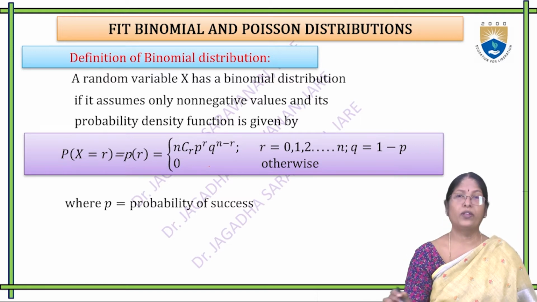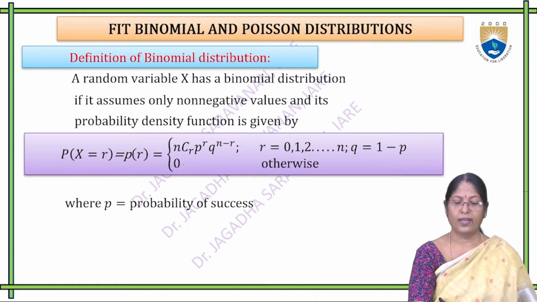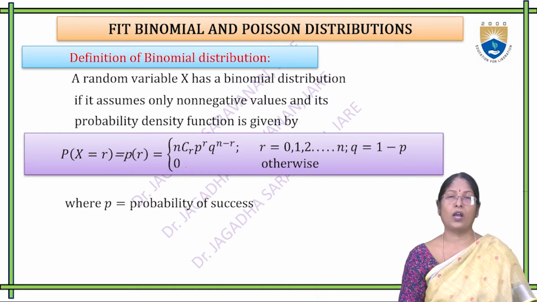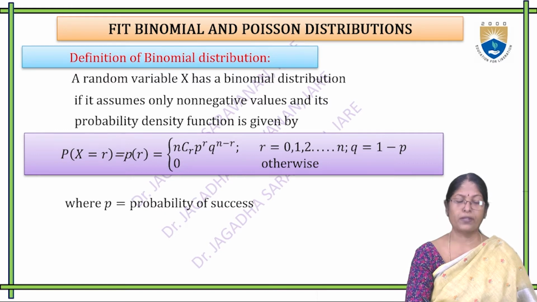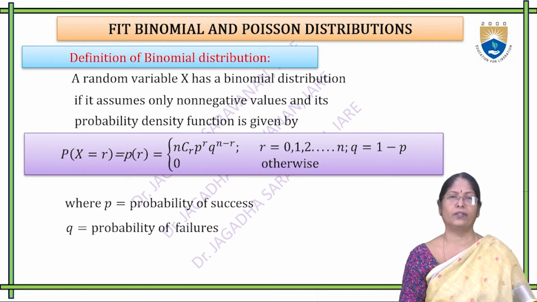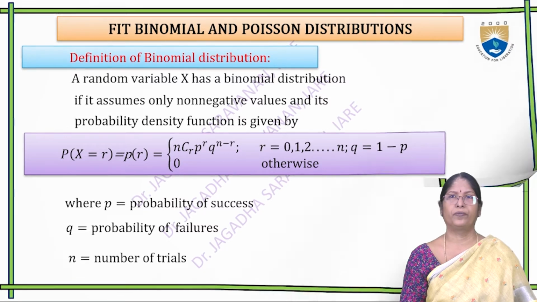So what are the notations which are dominating in the formula? That is NCR, P power R, Q power N minus R. In this, P represents probability of success, Q represents probability of failure, and N represents the number of trials.